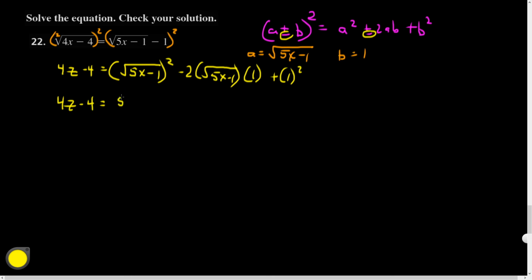That's helpful. 5x minus 1. Here I've got minus 2 rad 5x minus 1, because the negative 2 times 1 was just negative 2. And I've got plus 1. Now notice, this is better than I started. This had 2 radicals, and this equation only has 1.